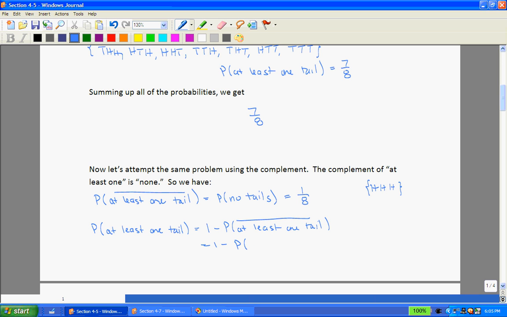So 1 minus the complement of at least 1 tail is 1 minus the probability of no tails, or 1 minus 1/8, which is 7/8, which we obtained above. So what you'll find many times is the calculations get a little bit long when you have to sum up at least 1, whereas it might be a little bit easier to find the complement none and then just subtract from 1 to get back to what you really want to find, the probability of at least 1 something.